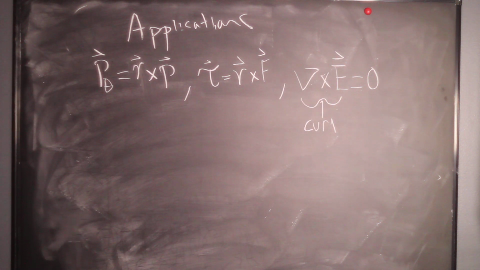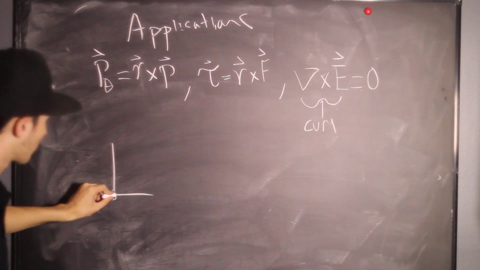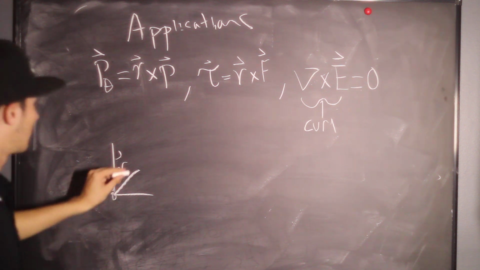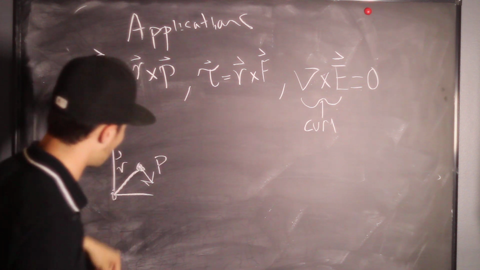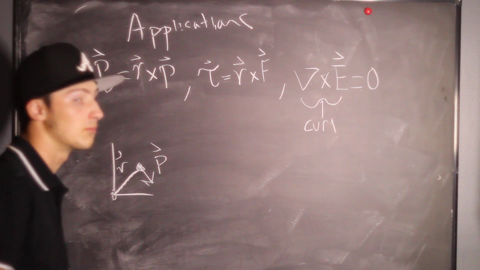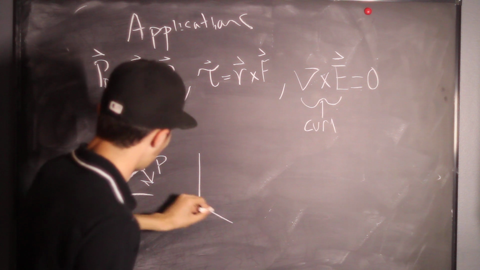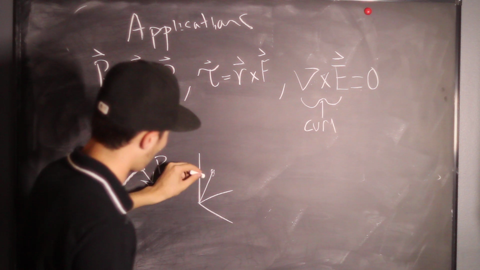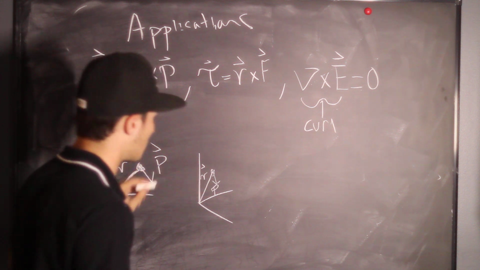I can't think of any problems off the top of my head, but we could plot some. So we have our radius vector, and then we can have a point mass with some momentum. And then we could get our angular momentum. We have this point right here in space. We have that radius, some kind of angular momentum and some kind of normal momentum.